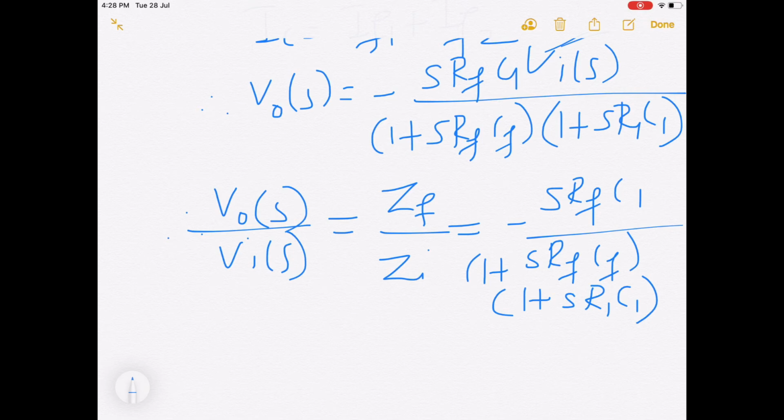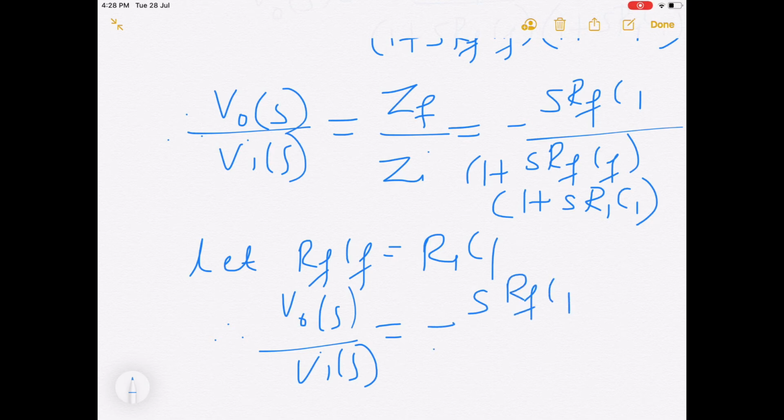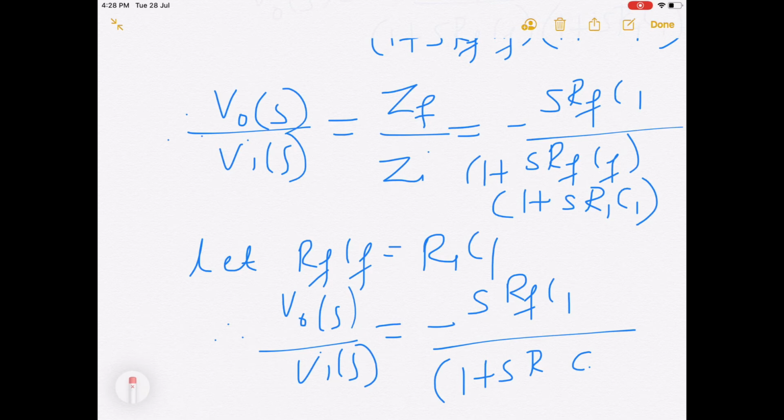Now let RF CF equal R1 C1. So what will we get? VO(S) upon VI(S) is equal to minus S RF C1 divided by (1 plus S R1 C1) squared, since RF CF and R1 C1 are the same.